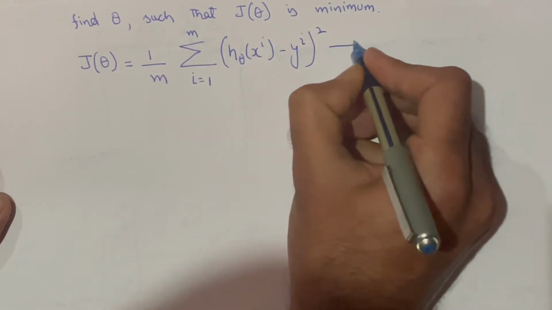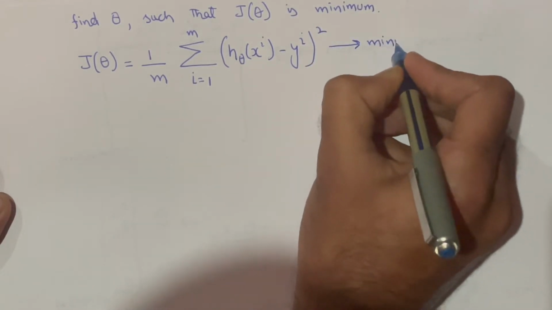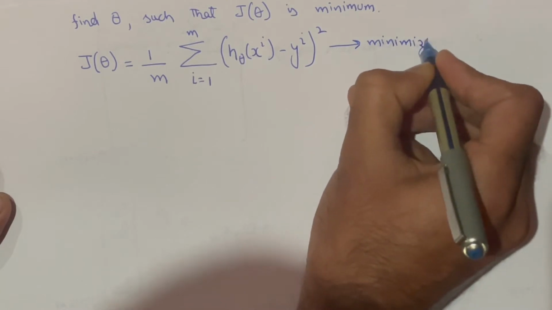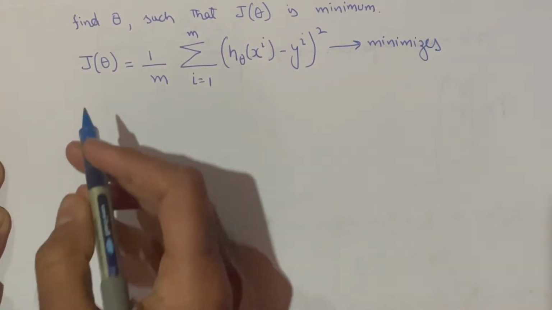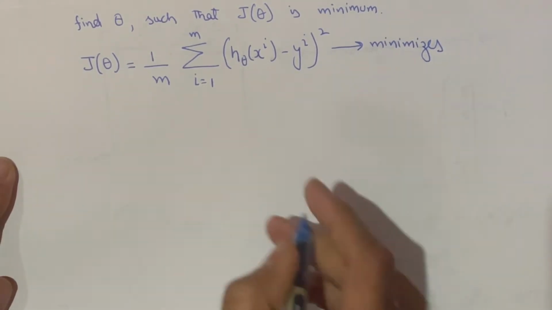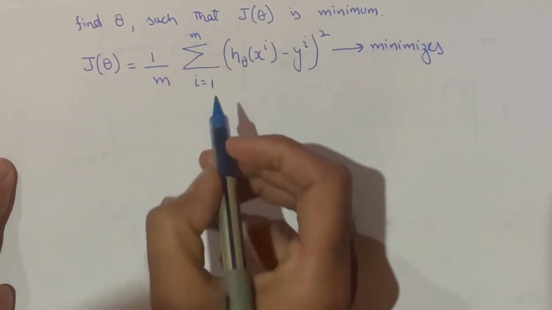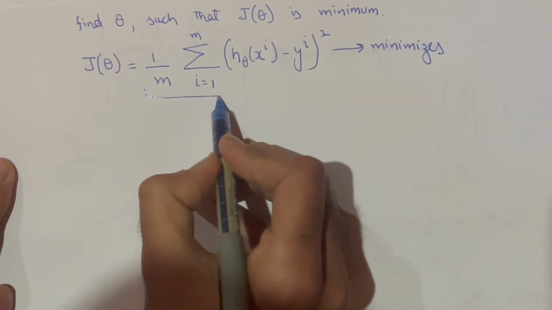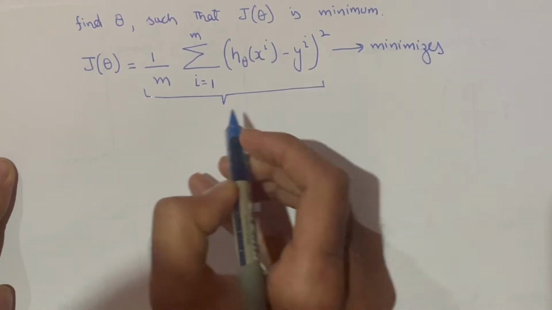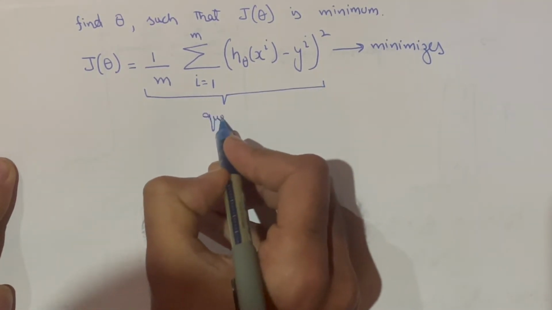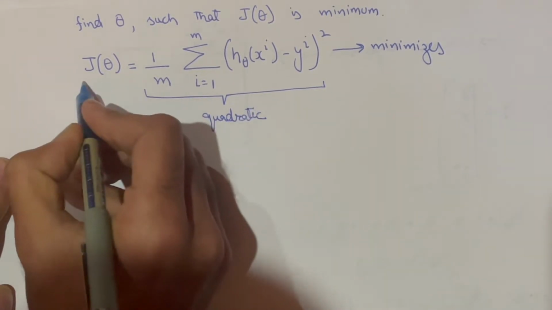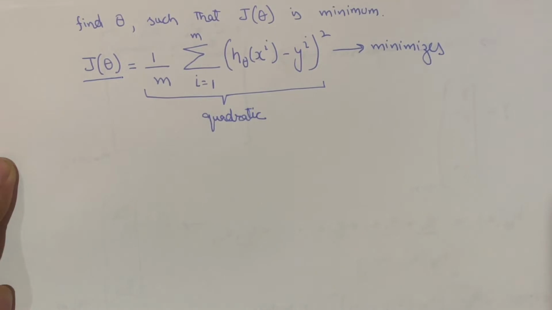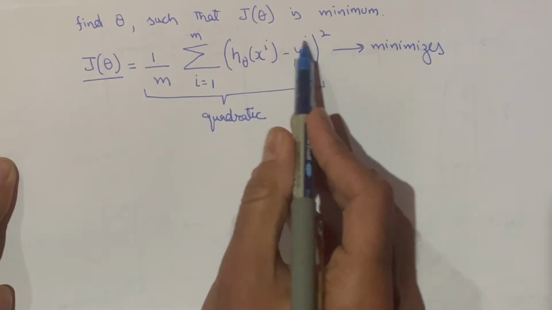So we have to minimize this, and the theta that minimizes this is our optimal theta, and then we will have our optimal hypothesis function. And you can see that this particular function is a quadratic function. So basically we have to minimize J theta, and as I am saying, J theta is a quadratic function.